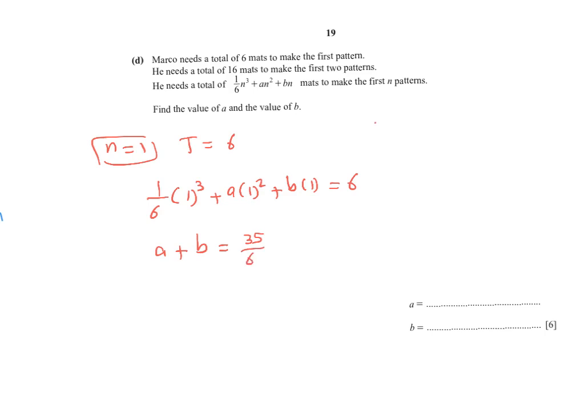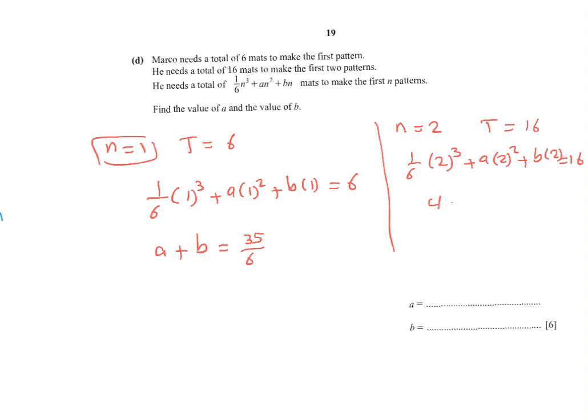If you put n equal 2, the total will be 16. So 1 over 6 times 2 cubed plus a times 2 squared plus b times 2 equals 16.